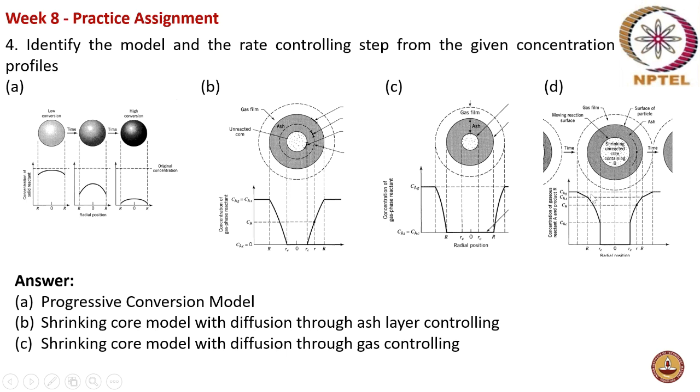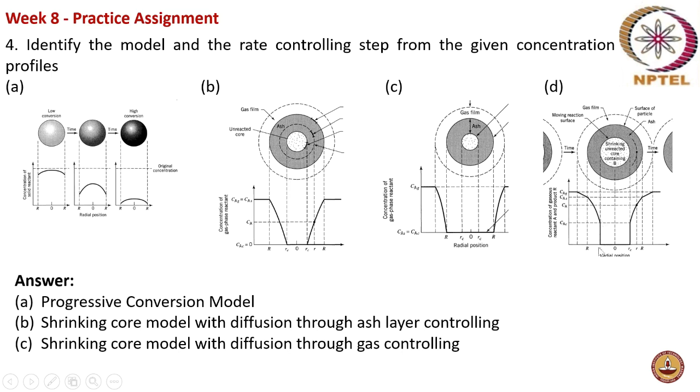Whereas in the third case, what you can observe is that CAG is the bulk gas phase concentration. Okay, and as it reaches the gas film, there is a fall in concentration, and further once it reaches the ash layer, there is a further fall in the concentration, and once it reaches the unreacted core, the concentration drops slowly to 0.